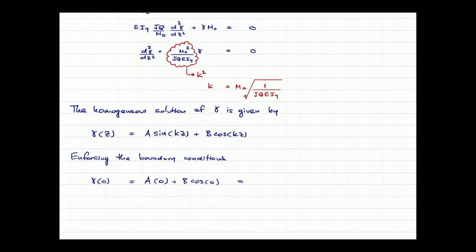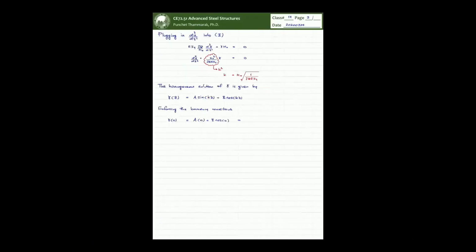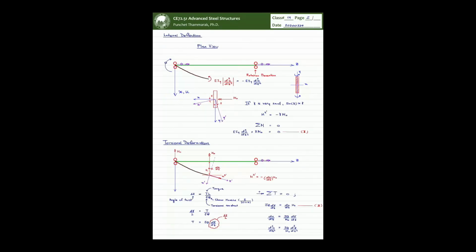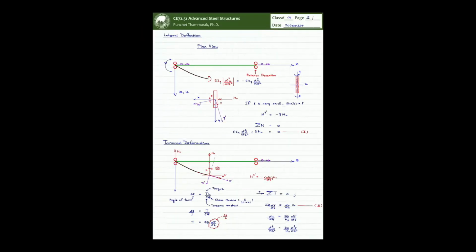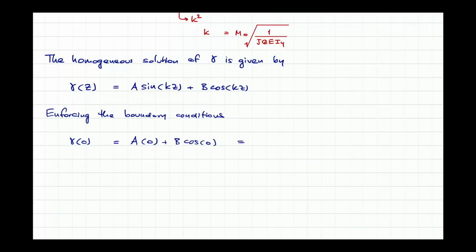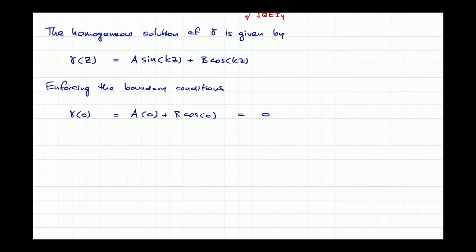The rotation is 0 at 2 points here as shown, the purple arrow. So b is then equals to 0.